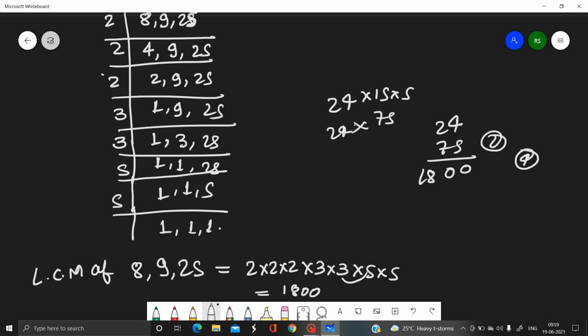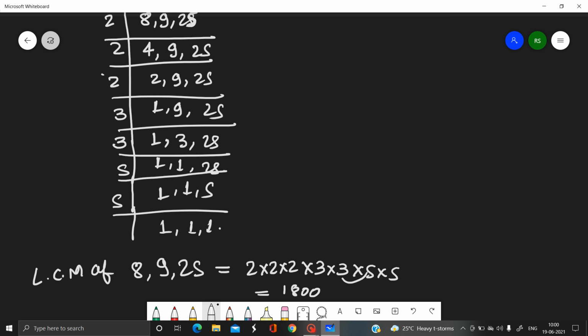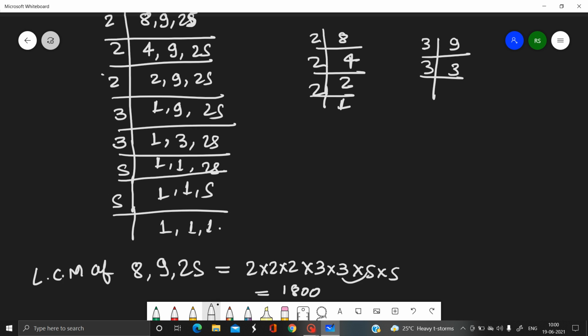Okay. Now again we find the HCF by prime factorization. So what should we do? We should find the prime factorization of the three numbers. So the prime factorization of 8 will be 4, 2 and 1. Again for 9, when we are solving we will get here 3 and 3. And for 25 we will get here 5, 5.